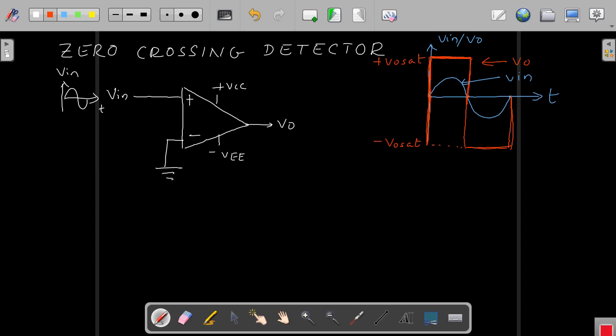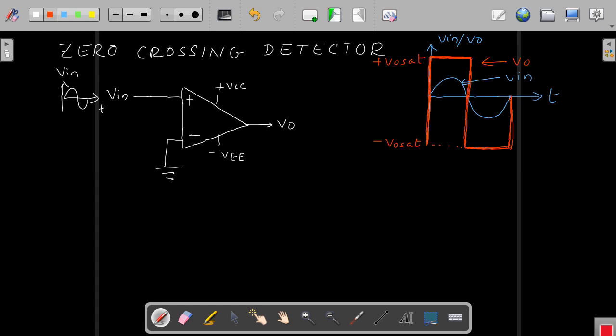Once your input crosses zero, ideally speaking, practically speaking 300 microvolt in the previous case, your output will go from plus V0 sat to minus V0 sat, and it will remain in minus V0 sat as long as your input is less than minus 300 microvolt. Or it is less than zero, strictly ideally speaking.